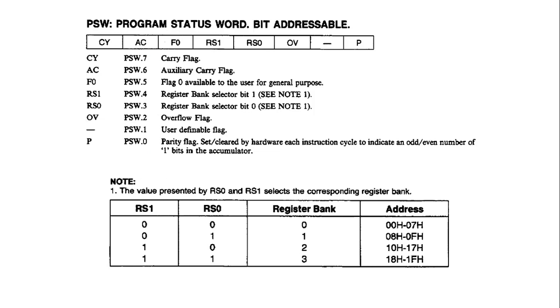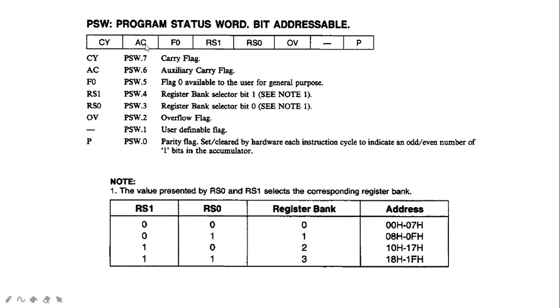In that case, the carry will be set. That means when the carry is 1 after the addition, it indicates that the result is more than 8 bits. Similarly, in subtraction, if a borrow is required, in that case also the carry will be set.